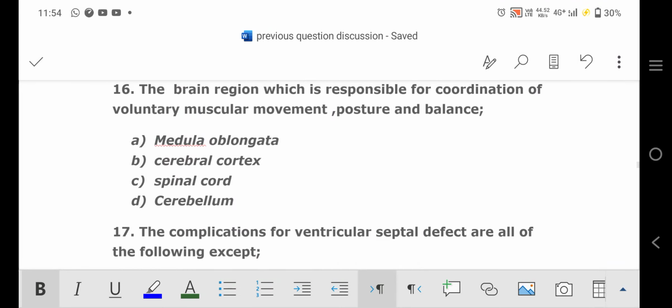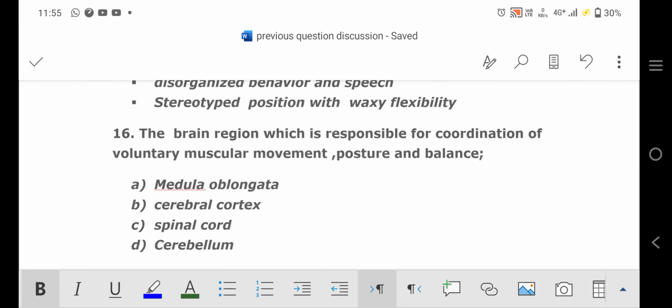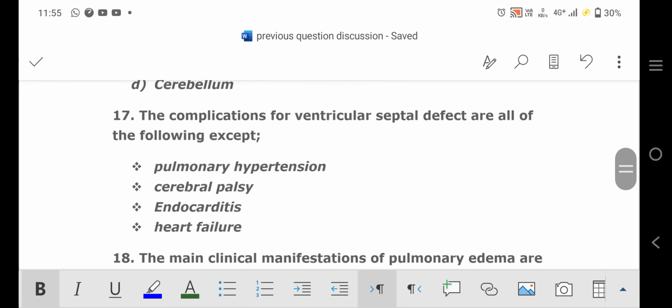The answer is cerebellum. Everyone knows this. Coordination of fine and voluntary muscular movements, posture, balance, everything is controlled by the cerebellum.